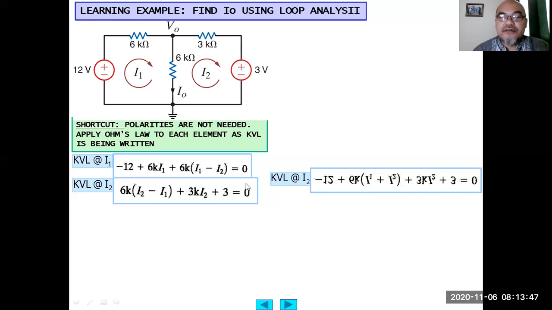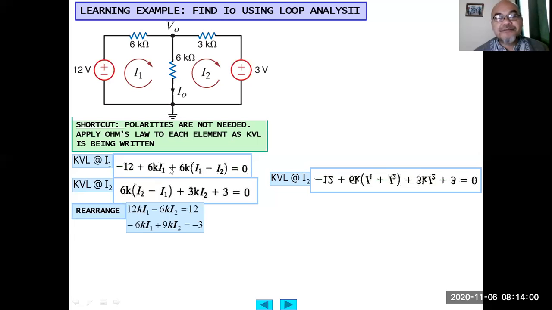Positive 3 equals 0. So after this, what we need to do is rearrange the terms such that we group them according to the loop currents. Rearranging, it becomes 6K I1 plus 6K I1 becomes 12K I1 minus 6K I2, then the constants, which do not have any variable multiplied into them, move to the other side of the equation, so equals 12.